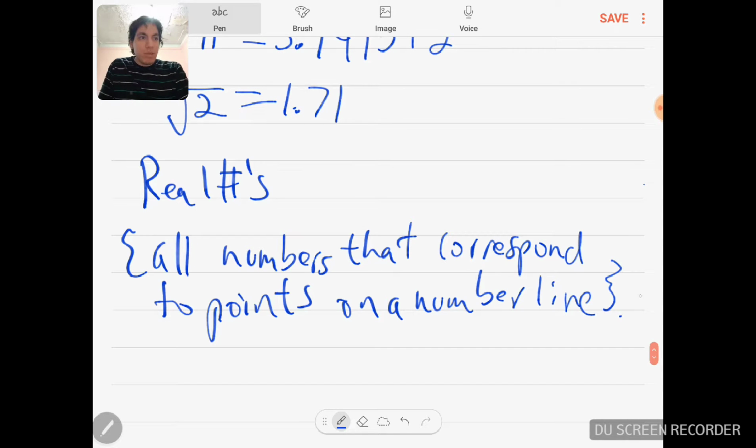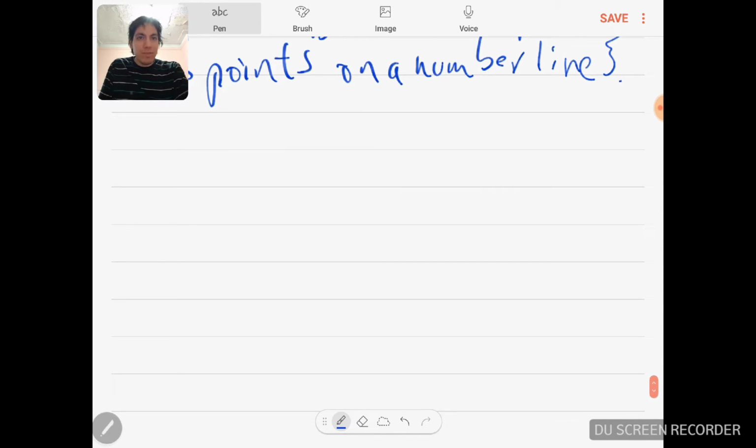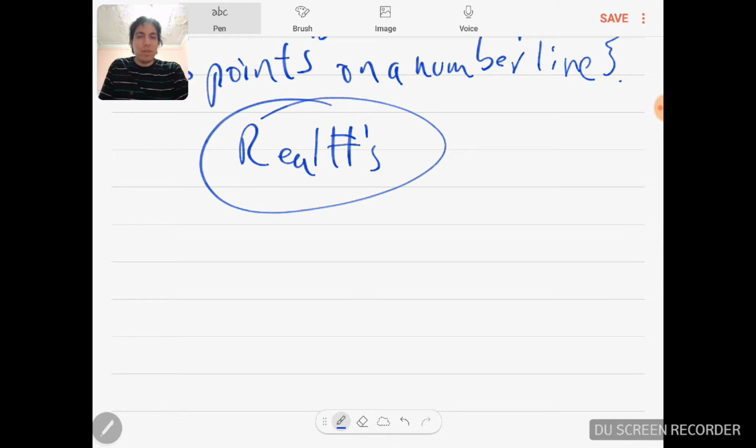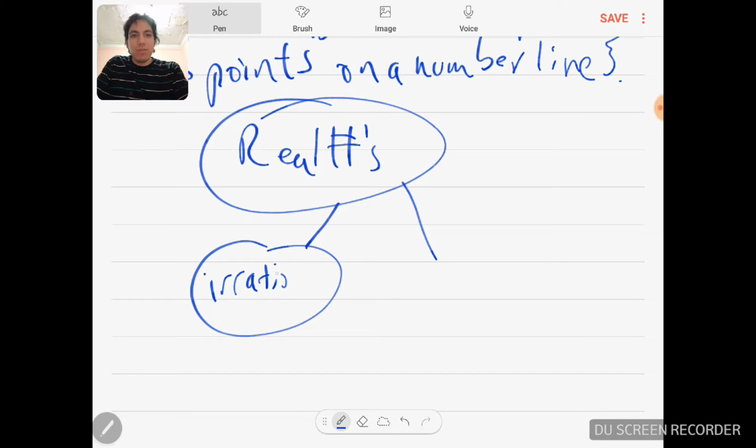So in the end, in summary, if you look at this, real numbers are for now the king of all the sets. Then you have irrational, and you have rational numbers.